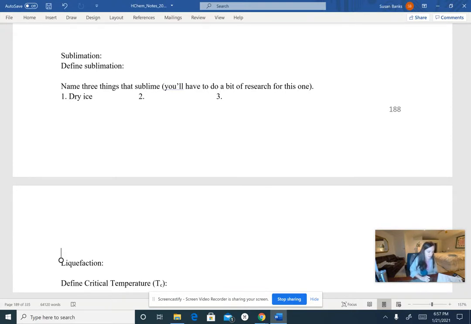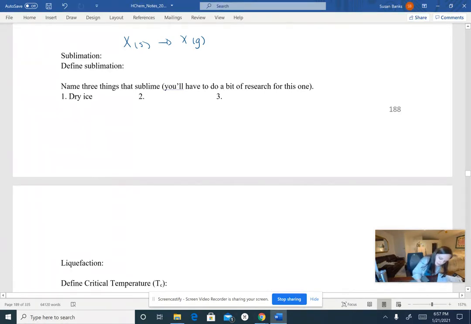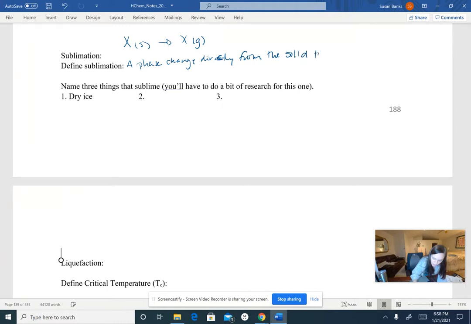So I want to define sublimation, okay? Sublimation is basically a phase change directly from the solid phase to the gas phase without going through the liquid phase.